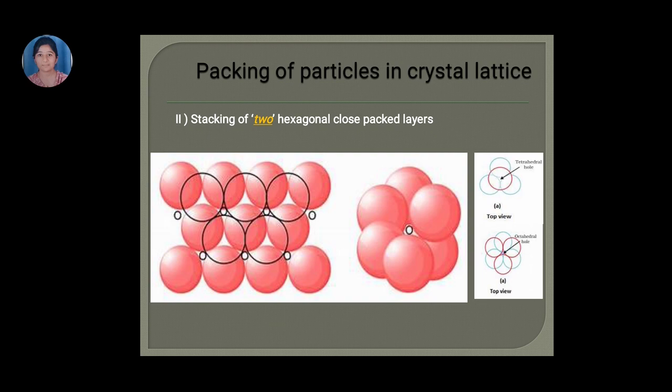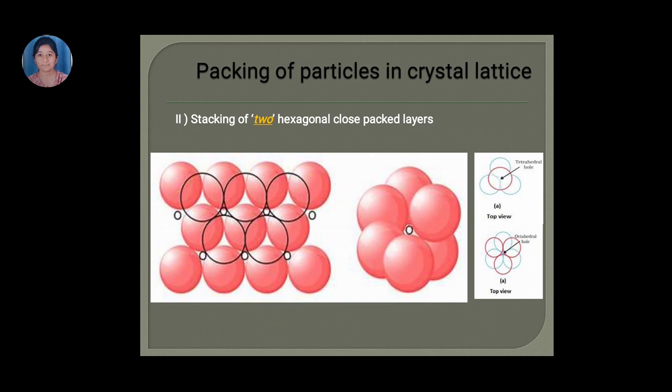And if we stack a second layer of the same kind over the first layer, let us consider the black circles denoting the second hexagonal close packed layer, which is kept over the first layer. So this is how we get the 3-dimensional structure. Now it will look like this.